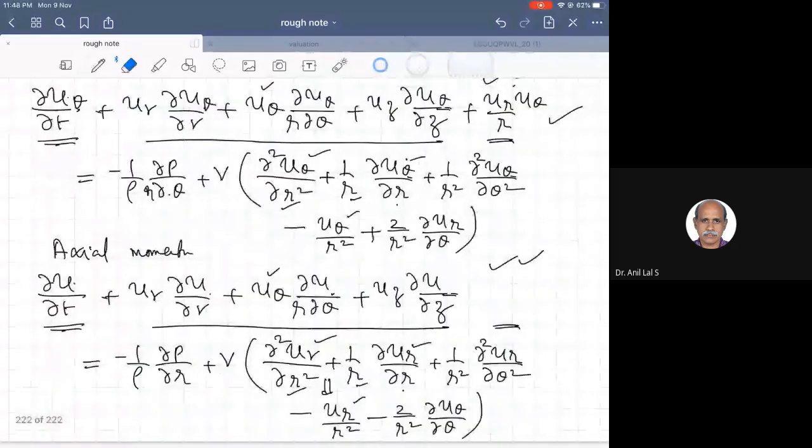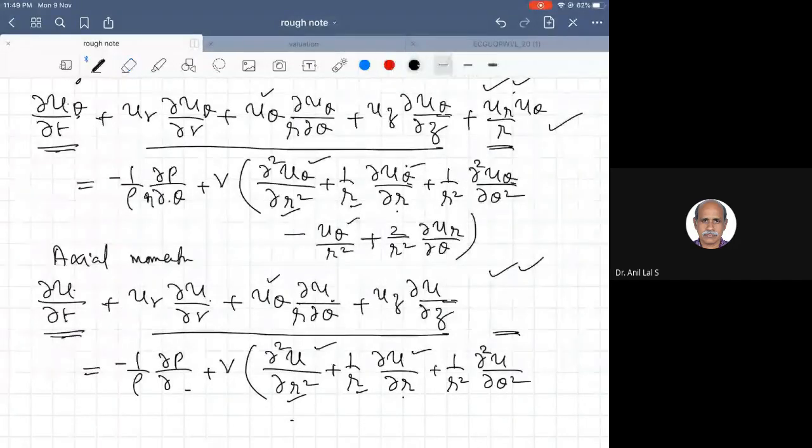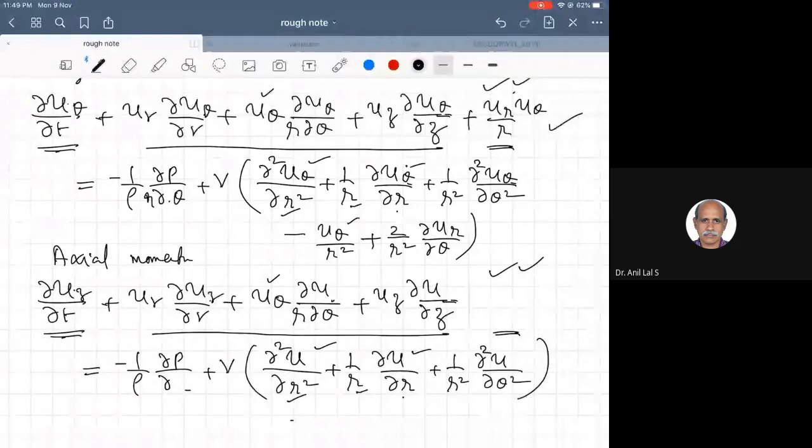We have the same terms, with the components changed to z. So this is the axial momentum equation.